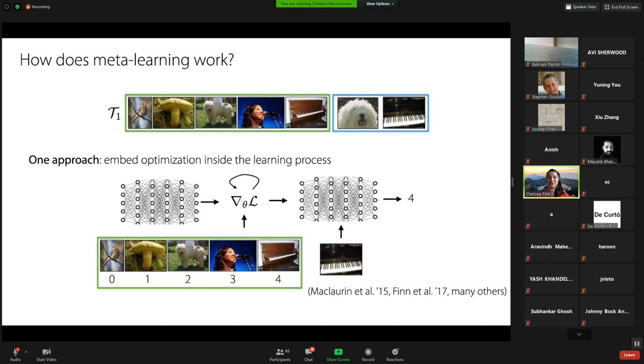Essentially, we're training this optimization process, for example, the initialization or other aspects of the optimization like the learning rate, such that you can learn from smaller amounts of data. So this is the key idea behind meta-learning.